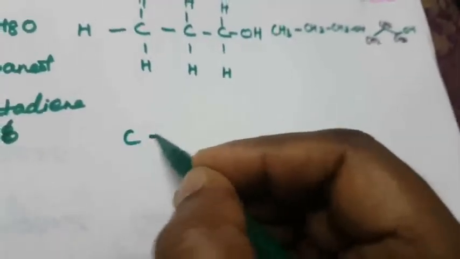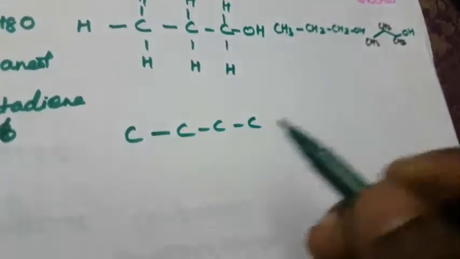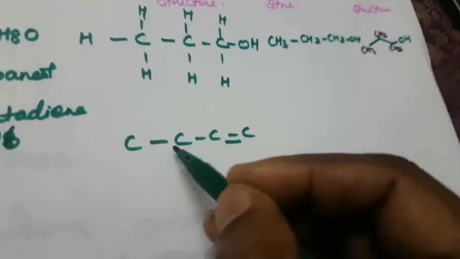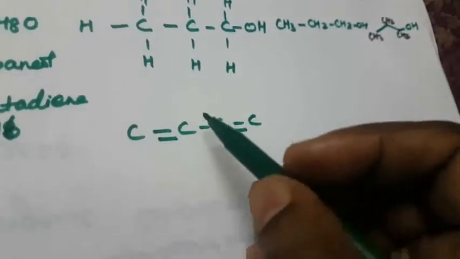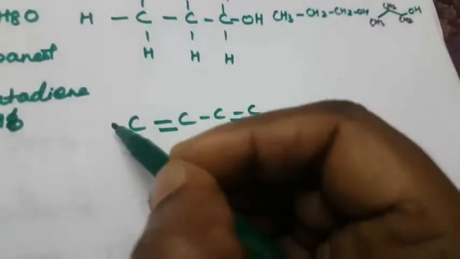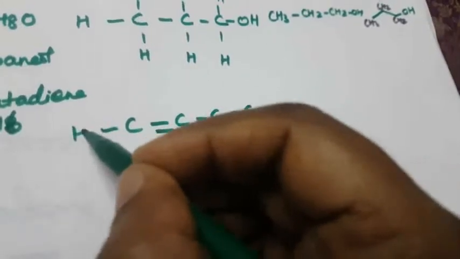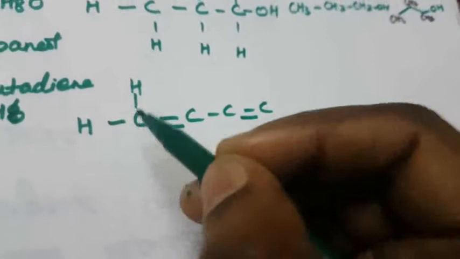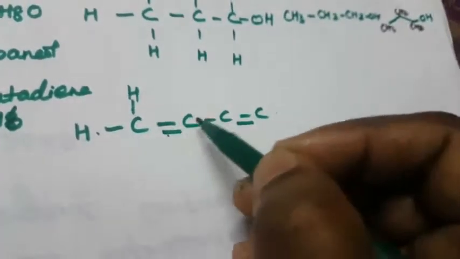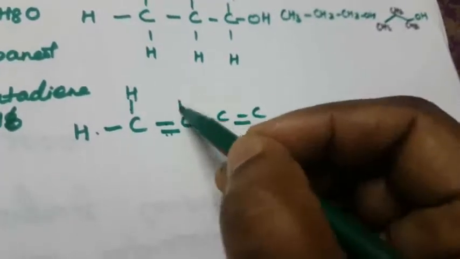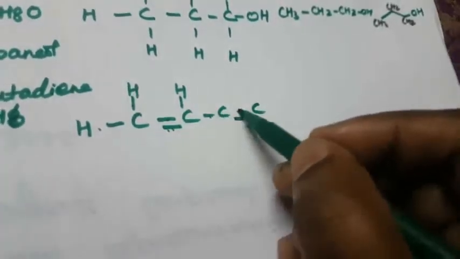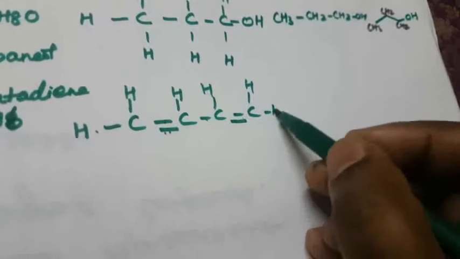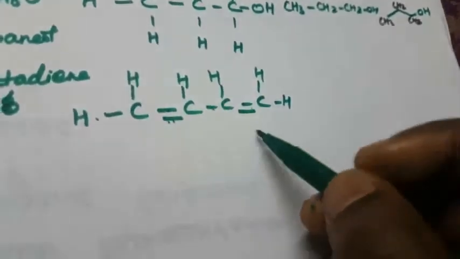First you draw 4 carbons. Then at position 1 there is a double bond, and at 3 again a double bond, so there are 2 double bonds. Remaining, you fill in the hydrogens. Here 1 hydrogen, here 1 hydrogen. Each carbon satisfies 4 valency, 1, 2, 3, 4. This is the structure of 1,3-butadiene.